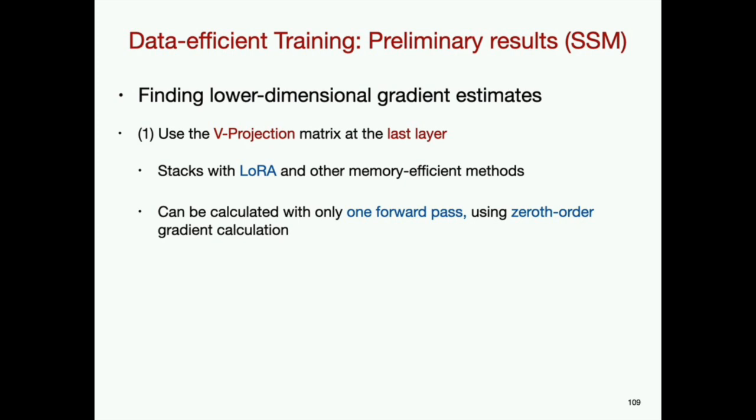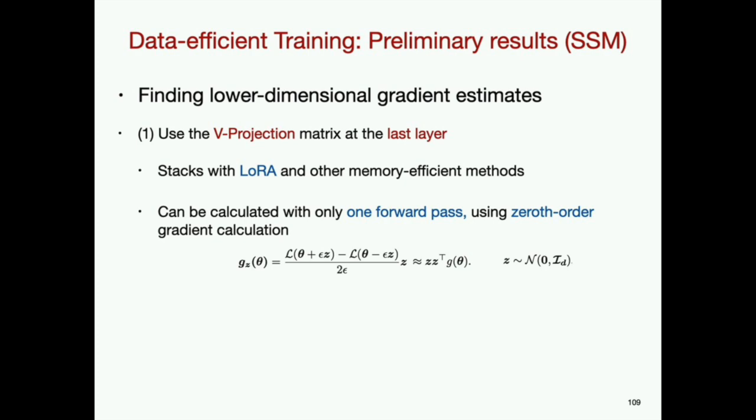And imagine that we do not have a lot of memory. The good thing is that we can calculate this last layer V projection matrix gradient in a very memory-efficient way using ideas from zeroth order optimization. How can we do this? In general, this is the zeroth order optimization formulation when we want to calculate the gradient. We perturb the parameters two times, a little bit.